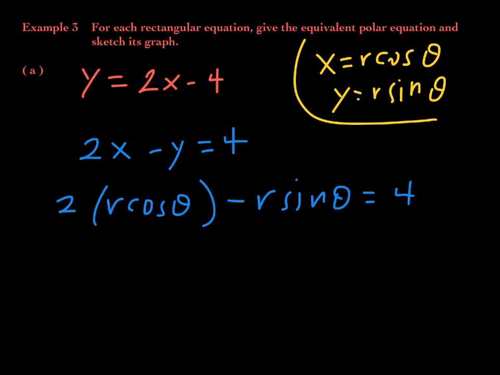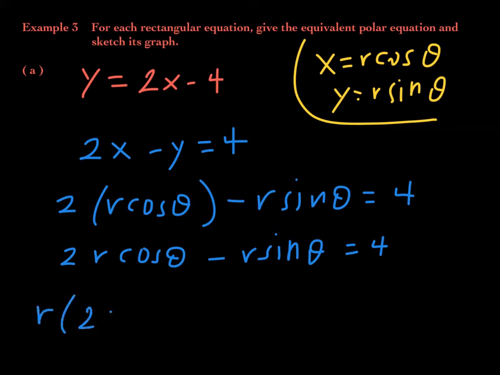So here, I don't need these parentheses. I could just say 2r cos theta minus r sine theta is equal to 4. What I would like to do next is factor out r. So if you factor out r, you'd have r times 2 cos theta minus sine theta is equal to 4.